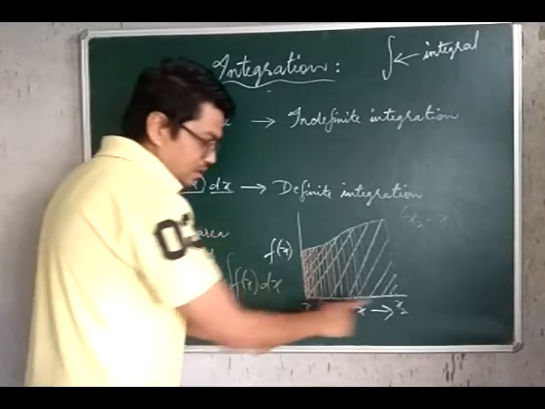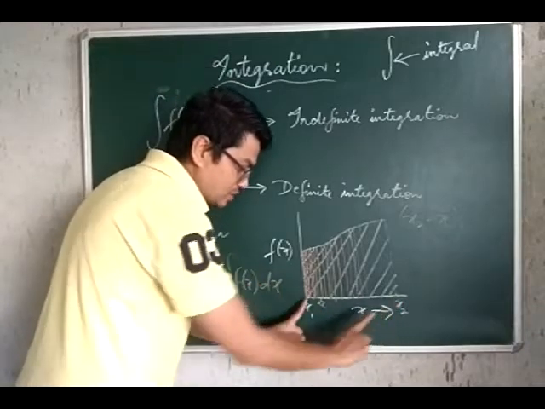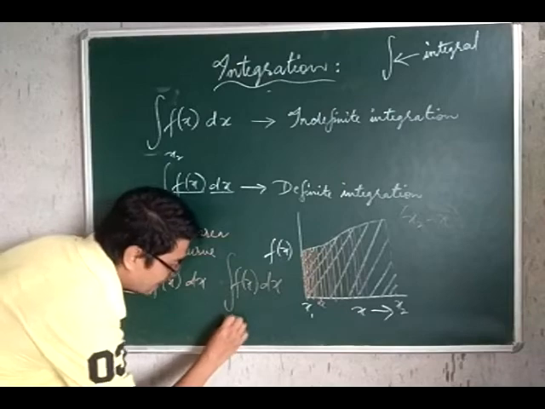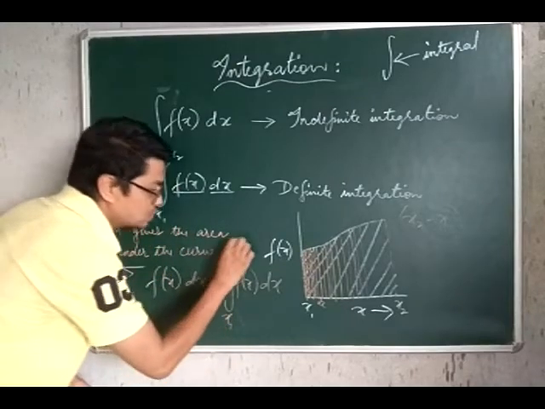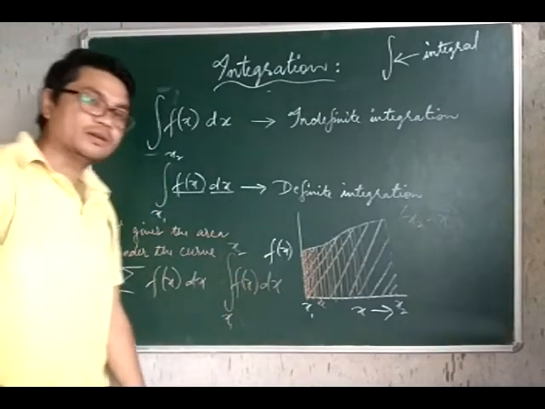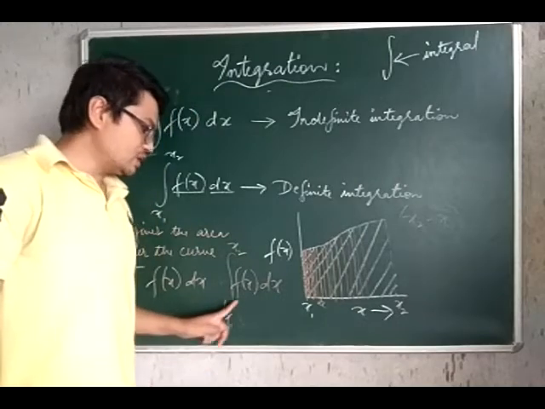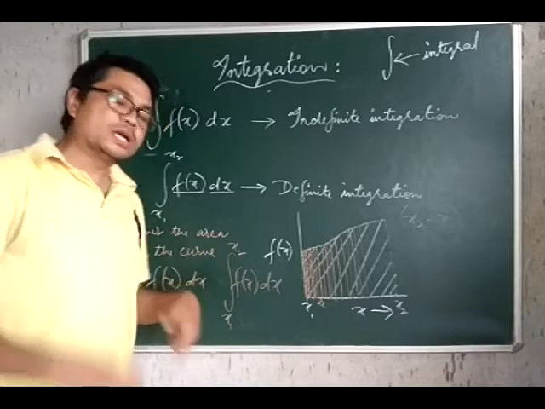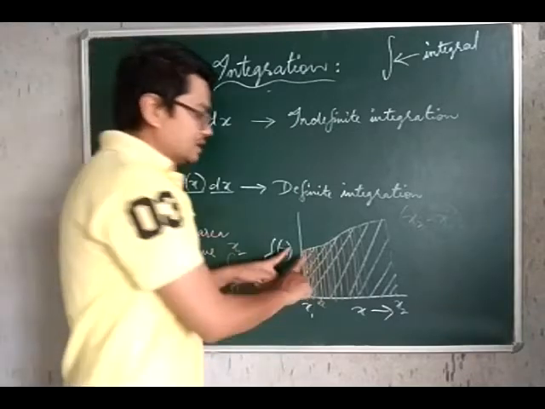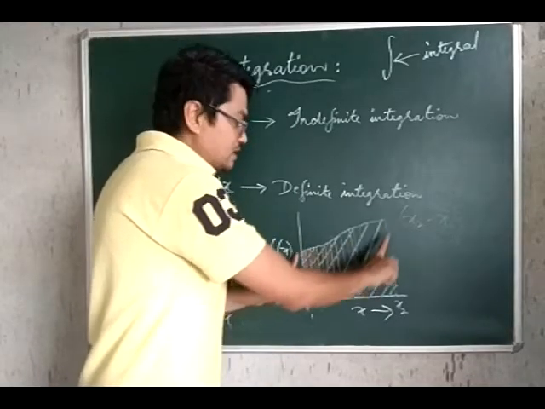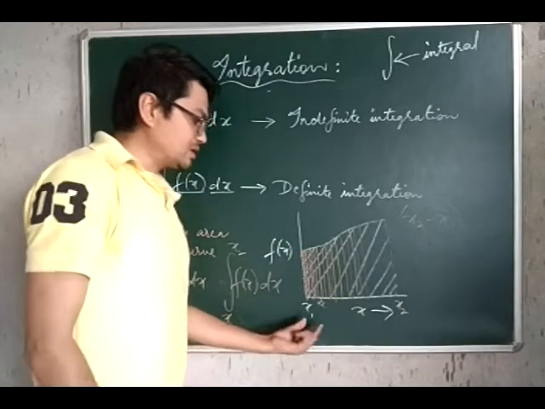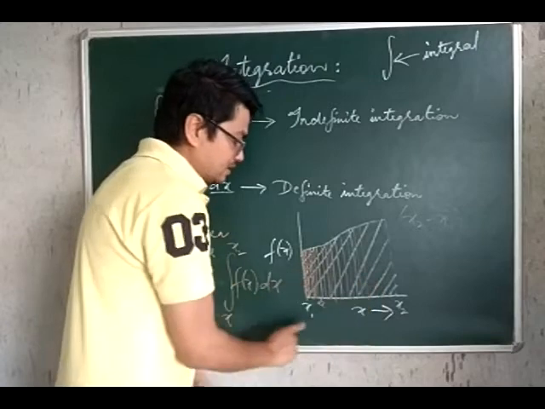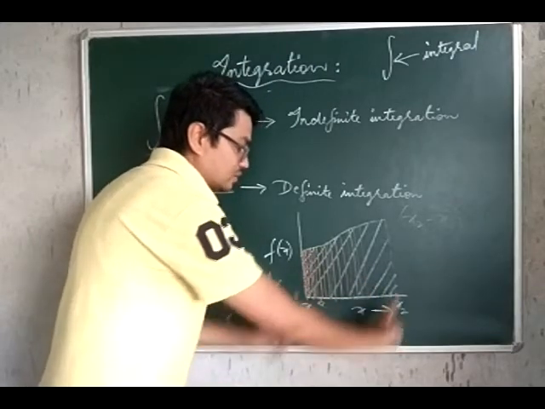And in here we are adding up from which value of x to which other value? From x equal to x1 to x equal to x2. So integration of f of x from x1 to x2 therefore gives us the total area under this curve.